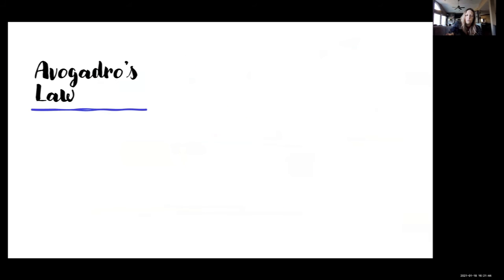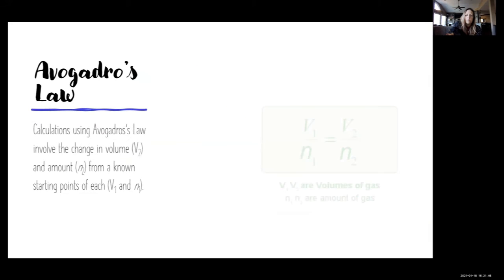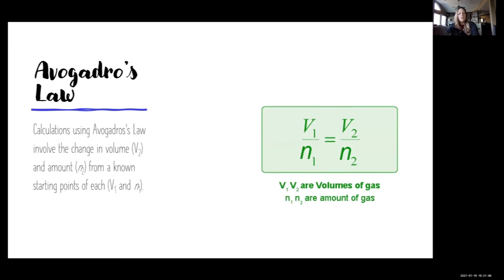So Avogadro's law calculations involve the change in volume and the amount from known starting points. And those would be V1 and n1. So here you have your known volume and your known amount. And then that gets multiplied by some constant, and you get your new volume and your new amount, right?